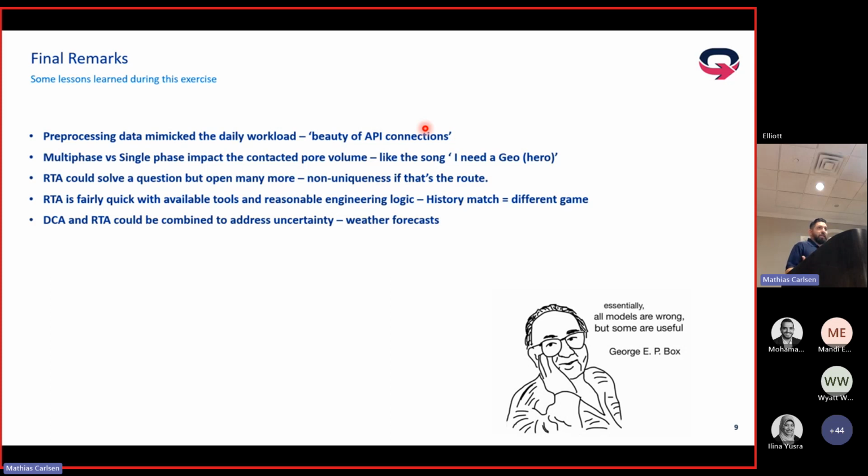And that's why we get to do some real nice work. It's fairly quick if you are decent at analyzing your data, like my peers, not like me. And DCA and RTA could be leveraged together to come up with a good reasoning for a forecast. Not a good forecast, a reasoning for a forecast. All right, thank you.